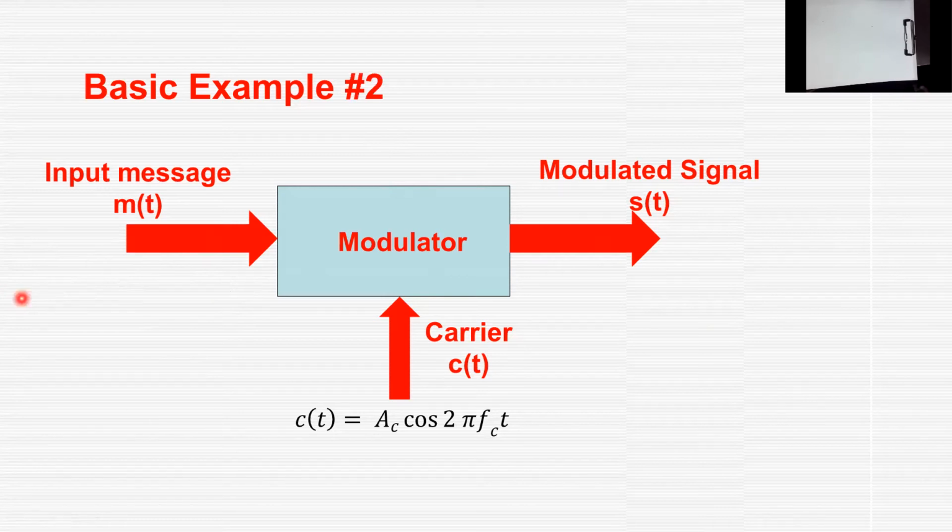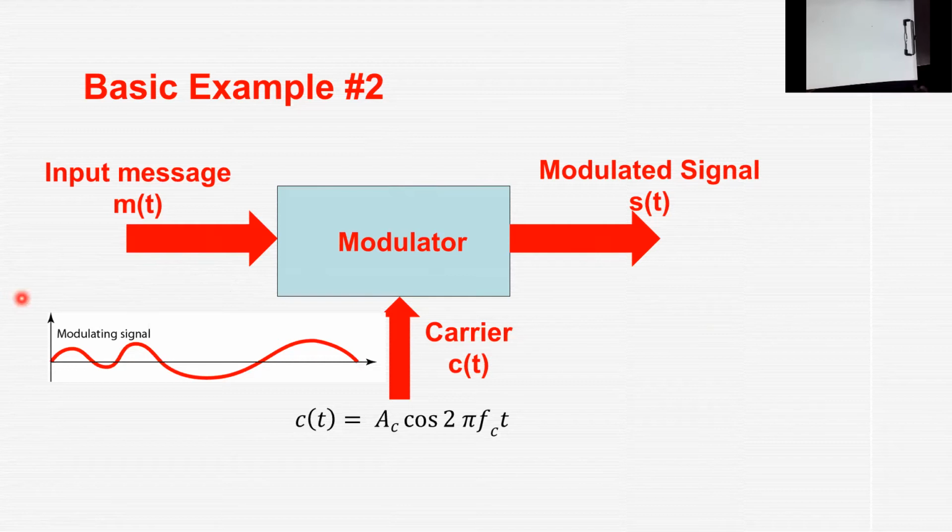But generally speaking, this m of t can be any and every signal. It is just a message, maybe a voice, maybe a video, everything. So what if this input signal is just m of t, some unknown signal in the time domain? What will happen? Let's repeat the example.